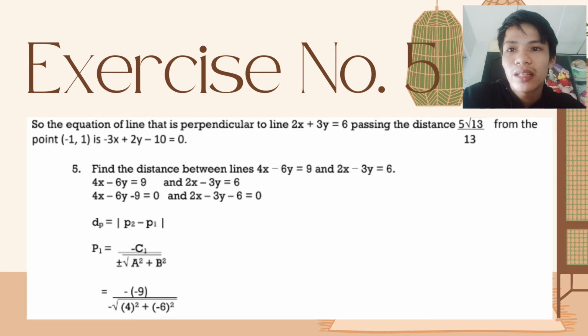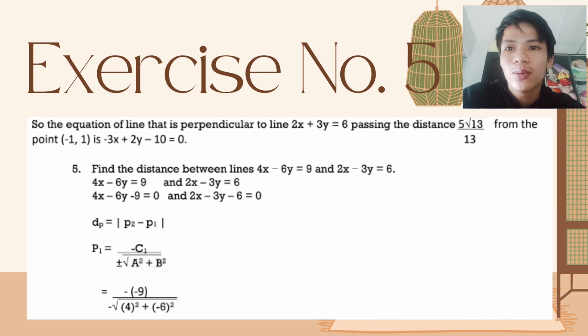So dp is equal to absolute value of p2 minus p1. So p1 is equal to negative c1 over positive, negative square root of a squared plus b squared.